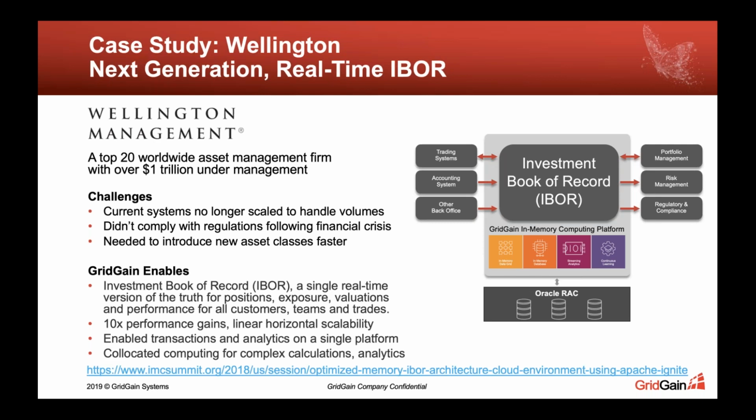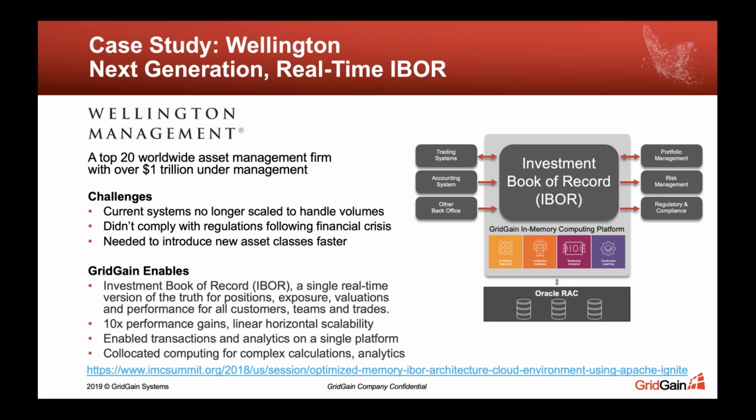The 2008 financial crisis put on a whole new set of financial regulations that required so much more calculations that they simply could not adhere to the financial regulatory requirements anymore. And there were so many new things, new products and asset classes they wanted to introduce to grow, that they needed to be able to do all these calculations even faster and release new asset classes faster.